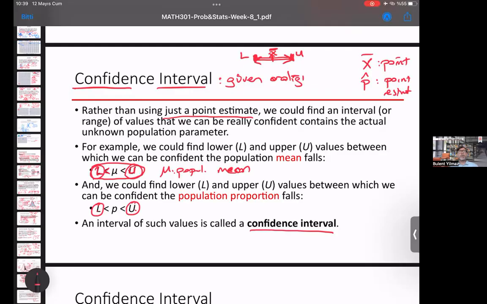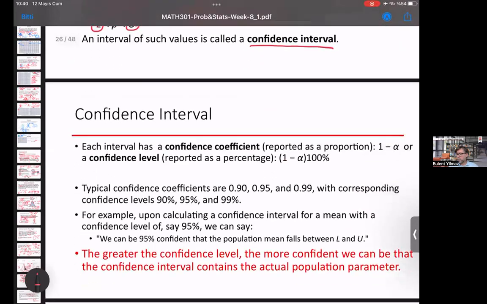I found a number, 173. Is it close enough? I cannot say it is a good estimate. I will use the confidence interval concept to say I am 95% confident, or 99% confident, that the mean of the population is in this interval. This is how we will interpret the confidence interval concept.